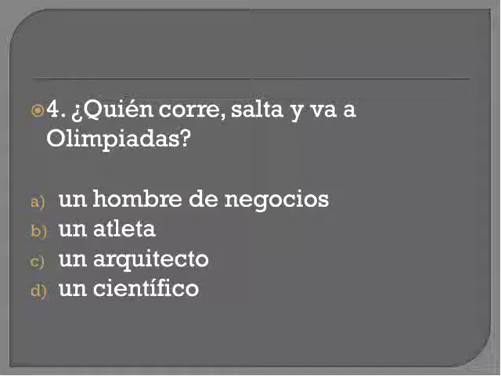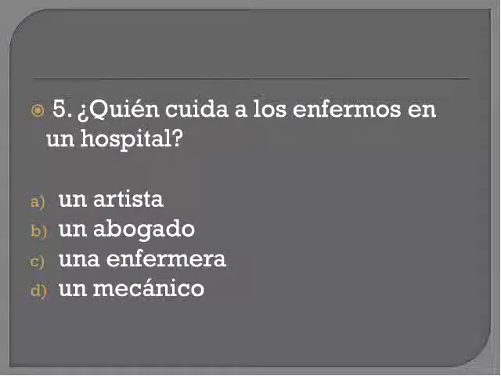Corre, salta, y va a Olimpiadas. Yes. What's this? Un atleta? An athlete. What's an hombre de negocios? Arquitecto. Y científico. Yep. Yeah. A lot of the professions that they gave us, they're cognate, so they're very easy to remember.